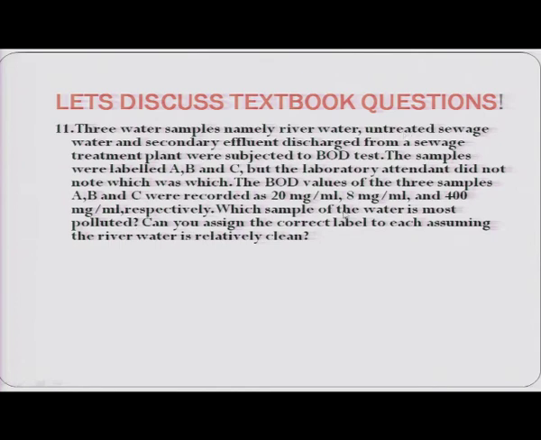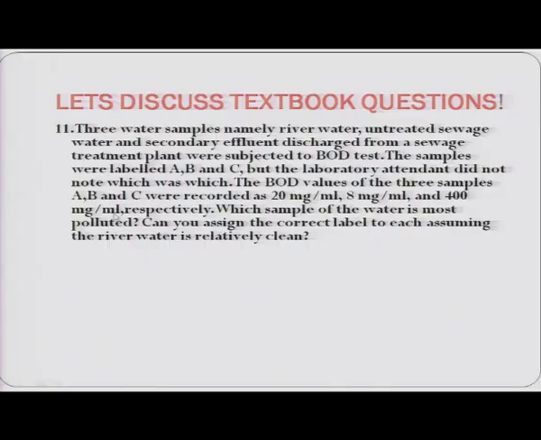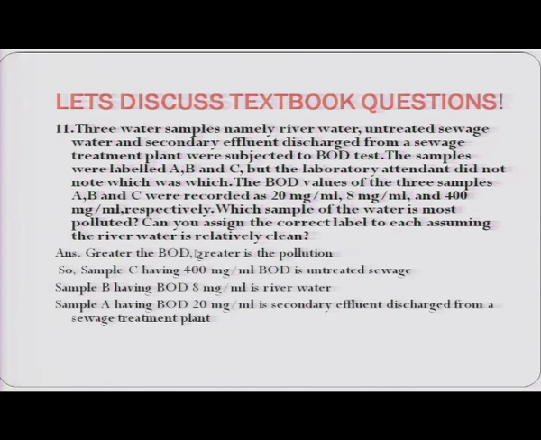So, C is the untreated sewage water which is having the highest BOD. Then the 20 mg per ml for A, relatively less amount of BOD is present, that means that A is the secondary effluent, and river water we are assuming to be the cleanest one. So, the 8 milligram per ml BOD for B makes it the river water. So, this is the answer.